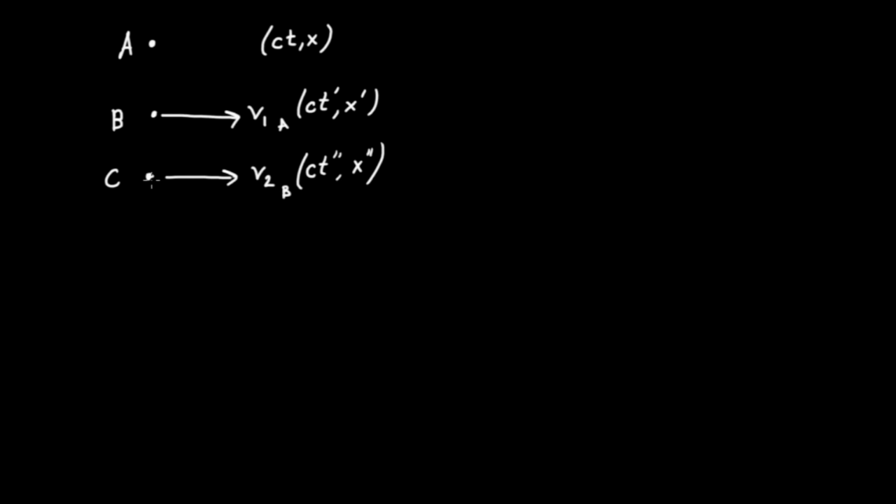Now, the question is, how quickly is C moving relative to A? And let me call that one v3. So this is the velocity addition question that we're asking here. And there's a well-known formula to do this, but let's derive it now. So let me first transform these coordinates to these coordinates, and we have the formula for that.